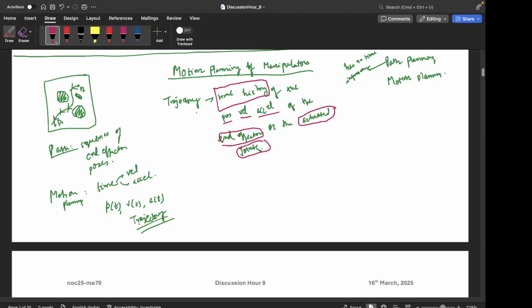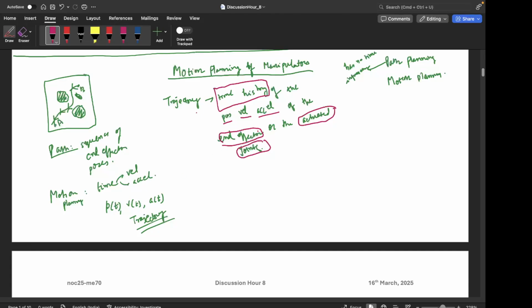So time history we saw just now. We are describing that, okay, at t equal to 1, the position is this much, t equal to 1.1, the position is this much, t equal to 1.2, the position is this much, and so on, right? Similarly, a time history of velocities and accelerations, that is trajectory.